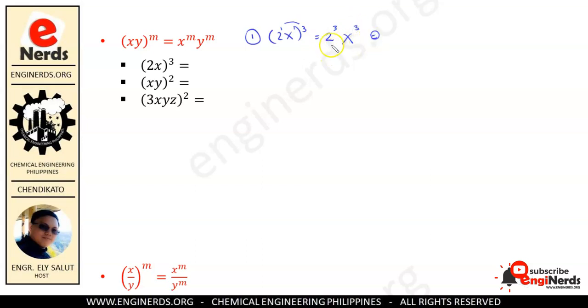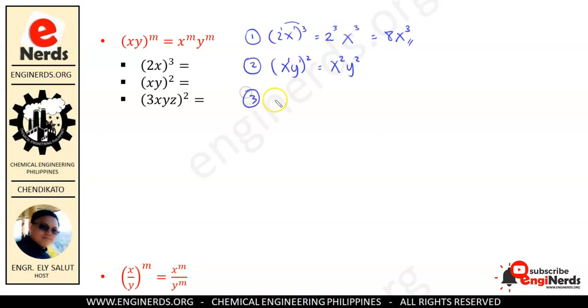Okay, so 2 cubed is equal to 8. Then, x cubed. That is our answer. And then, number 2, xy squared. This is equal to, so we have an exponent of 1 here. This will be equal to x squared, y squared.